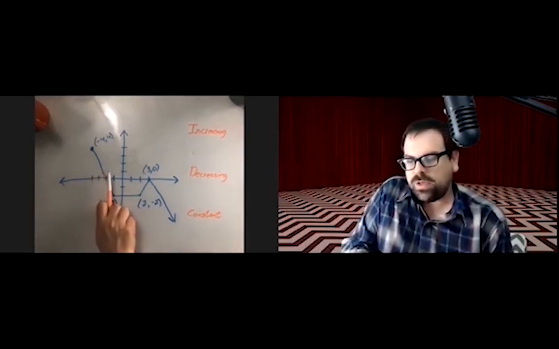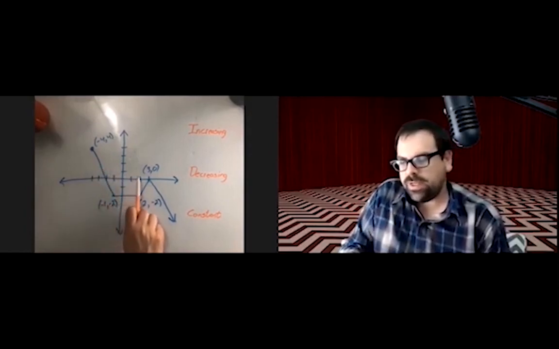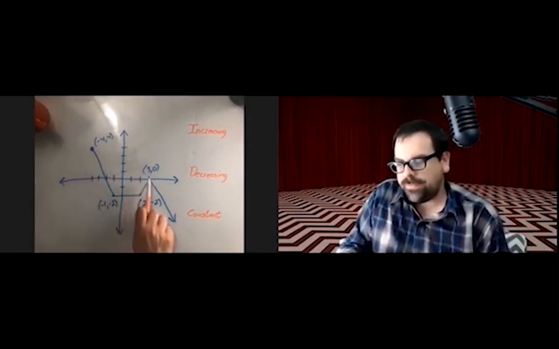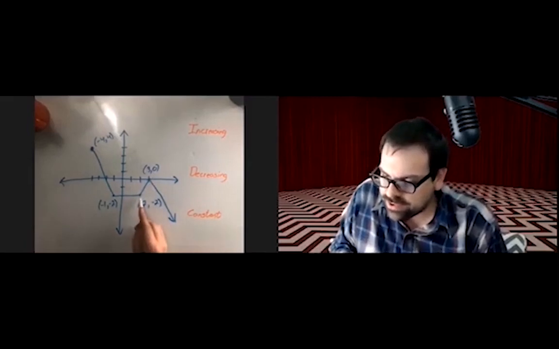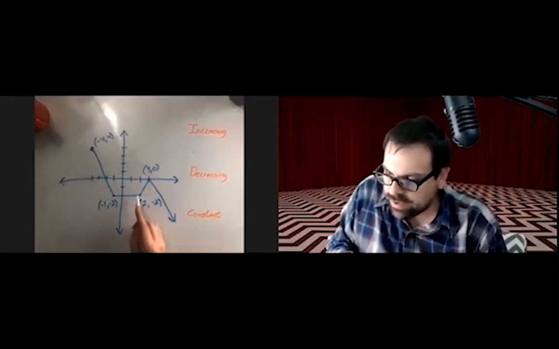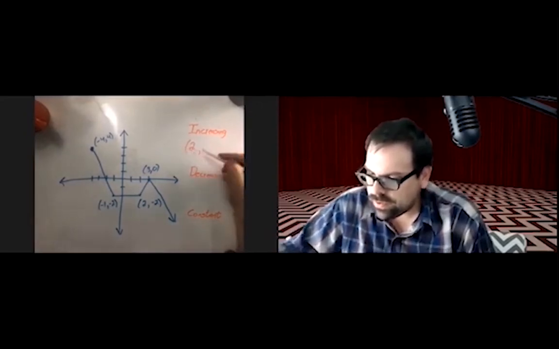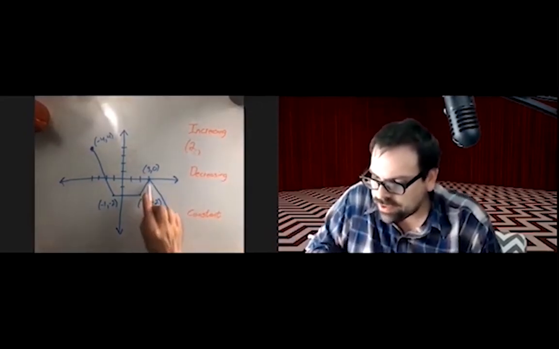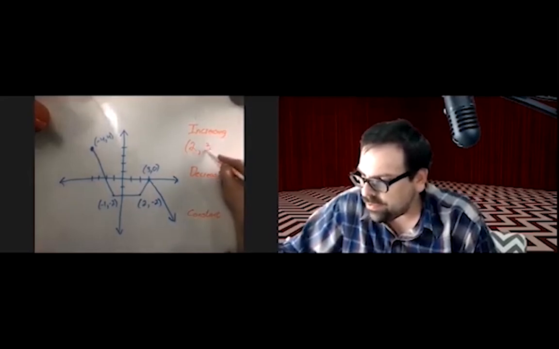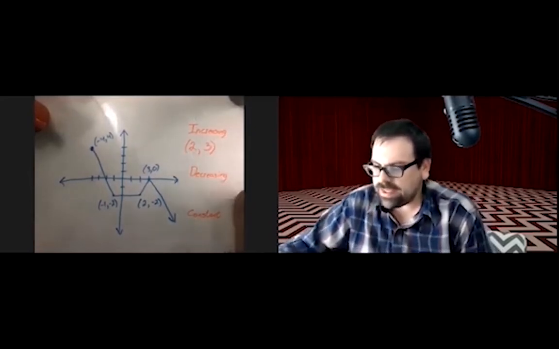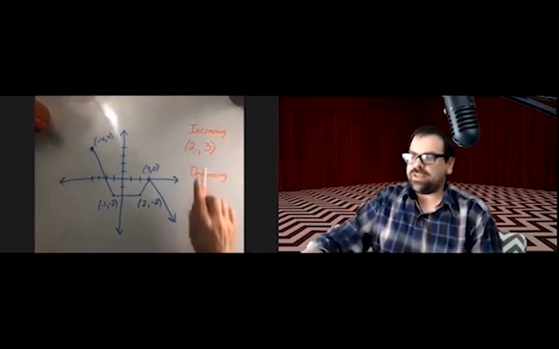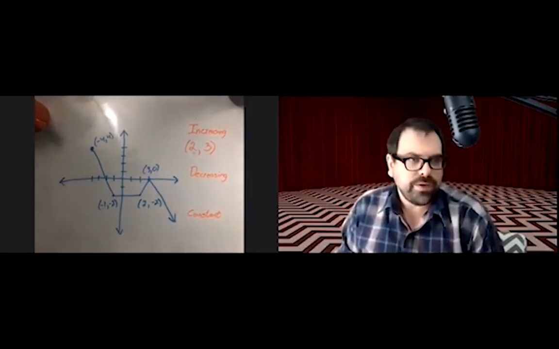Down, down, neither, neither, neither, neither, neither, up. So it starts going up at 2, and it continues to go up until 3. That is the only interval where it is increasing, from 2 to 3.